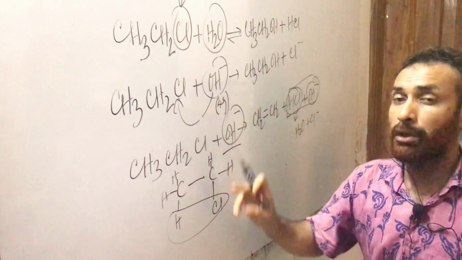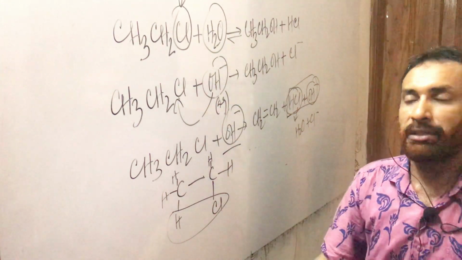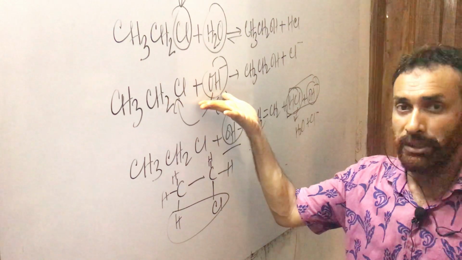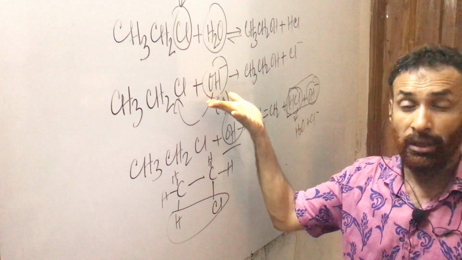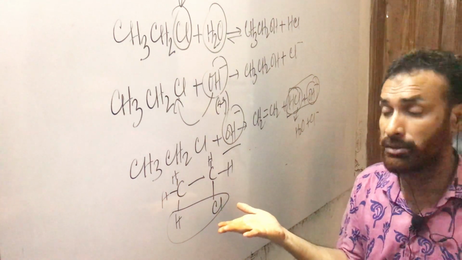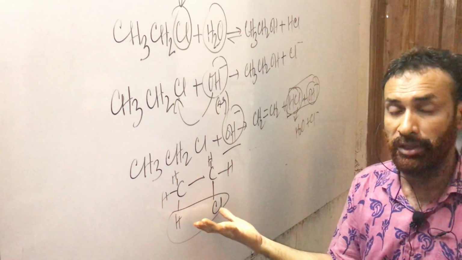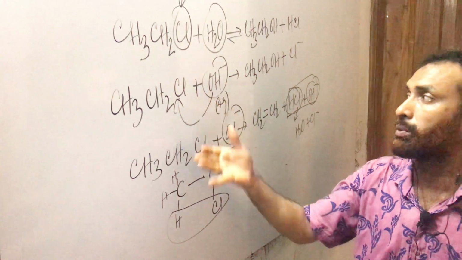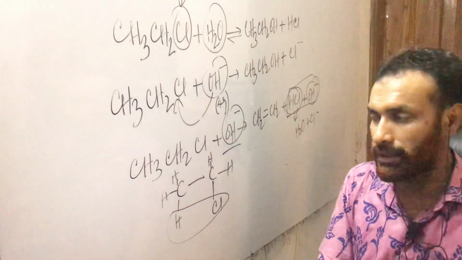But here the role of OH is different. In one reaction OH is a nucleophile, and in this reaction OH is a base. So here the elimination reaction happens, and the other was a substitution reaction.